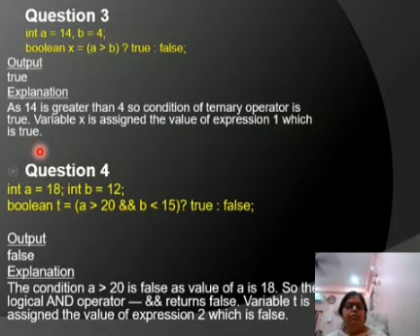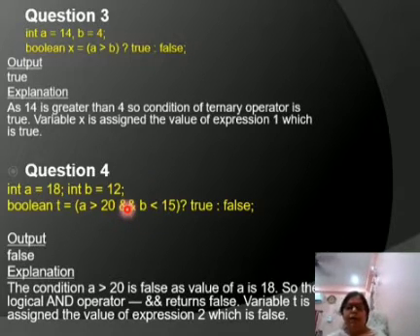Now we are going to come to another question, number 4. In this, the integer values 18 and 12 are assigned in the a and b variables. Now this answer will also be a boolean, true or false: if a is greater than 20 and b is less than 15. It means both the conditions should be true. This operator is your AND operator.